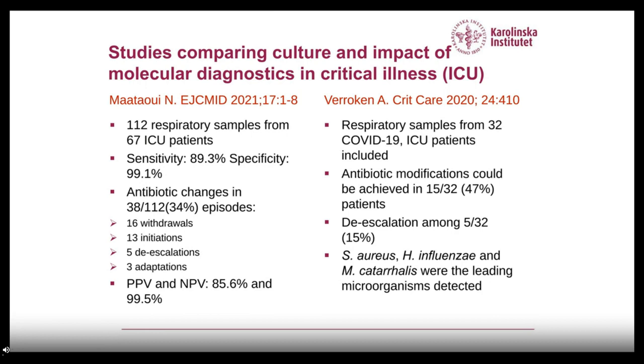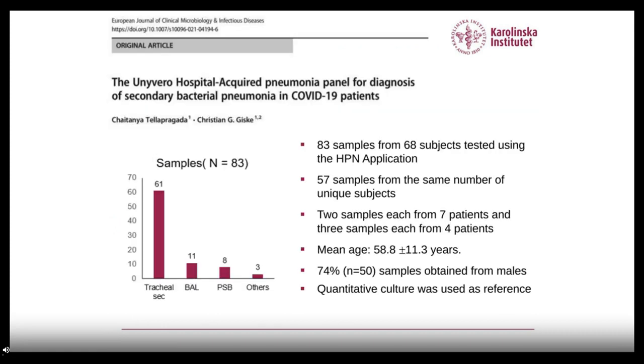And on the other side, the study in Critical Care 2020, where antibiotic modifications were also done, and illustrating the possibility of doing de-escalation, and also again reiterating that Staph aureus, Haemophilus influenzae, and even Moraxella catarrhalis were leading pathogens detected. Now let's move to the material from Karolinska.